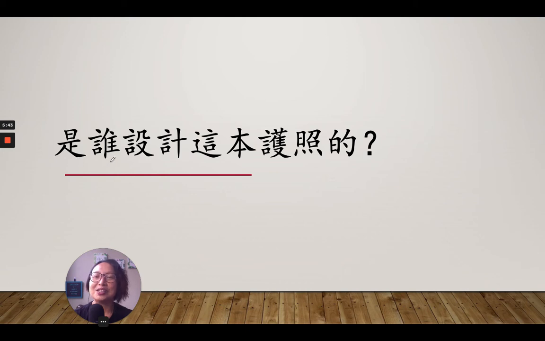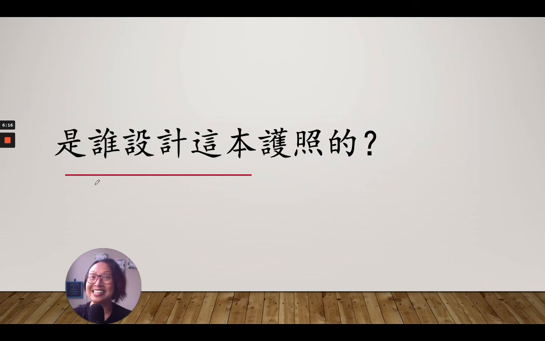是誰設計這本護照的？Well, the meaning of this sentence is who designed this passport? So, can you find out the words that have the 言字邊, the radical?